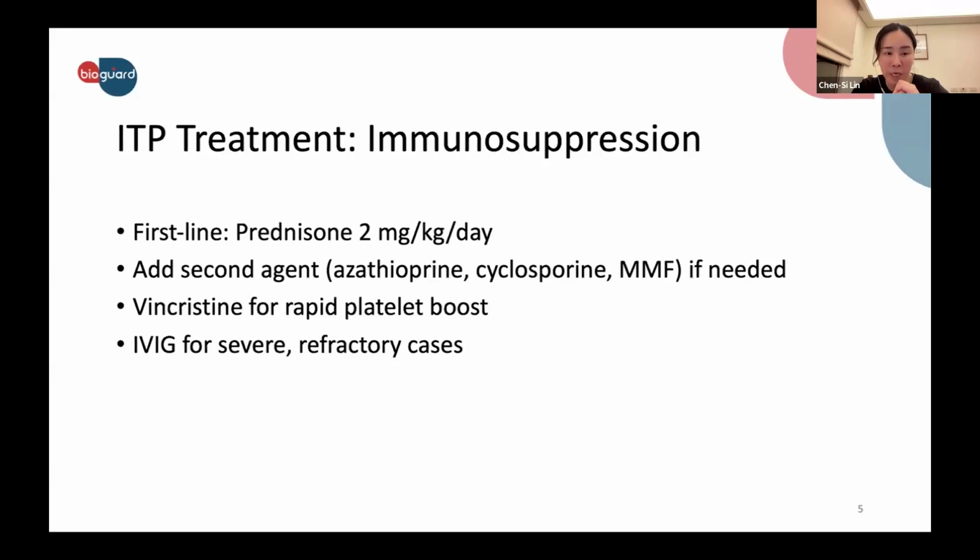But please be careful that we need to avoid using vincristine in MDR1, that means multi-drug resistance 1, mutant breeds. In this kind of MDR1 mutant breeds, we should not use vincristine for the treatment.